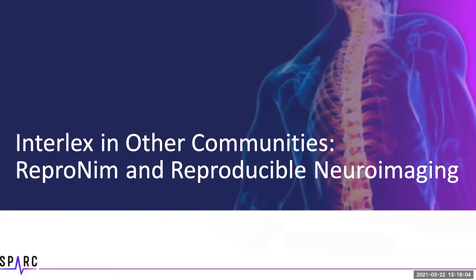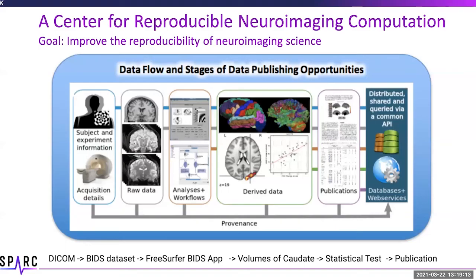So just a quick couple slide example that this is not just Spark communities. We're also involved in reproducible neuroimaging, and so as part of this center, they're looking at neuroimaging data from the scanner all the way through derived analyses.